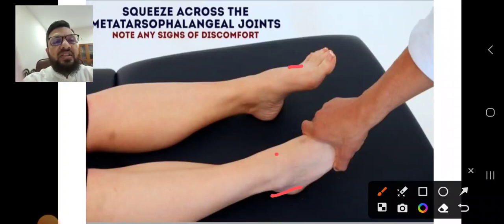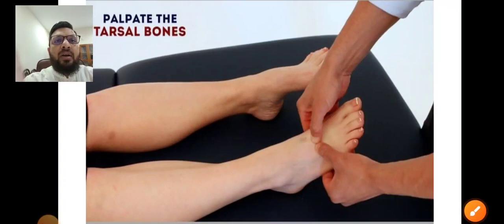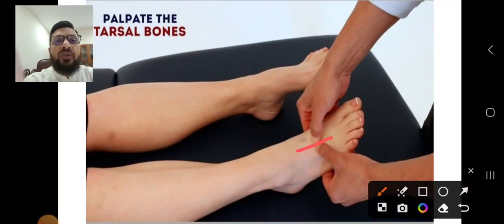Then you will palpate these bones and squeeze across the metatarsophalangeal joints, and you will see if there is any sign of discomfort. And you will also palpate the tarsal bones.